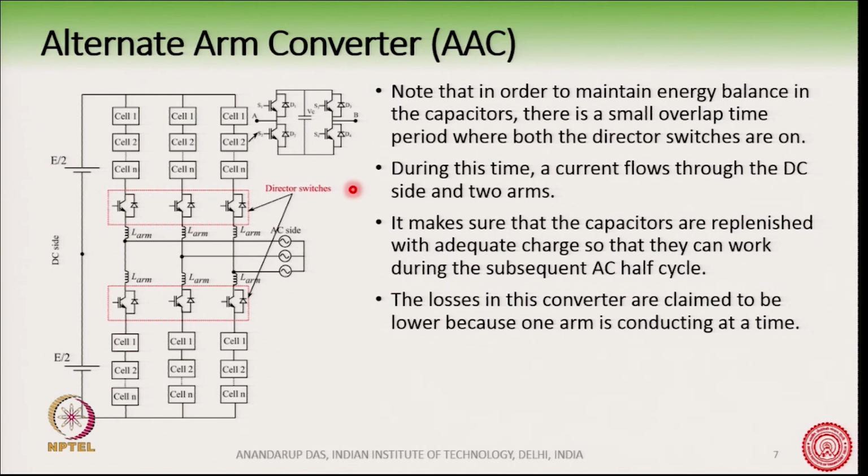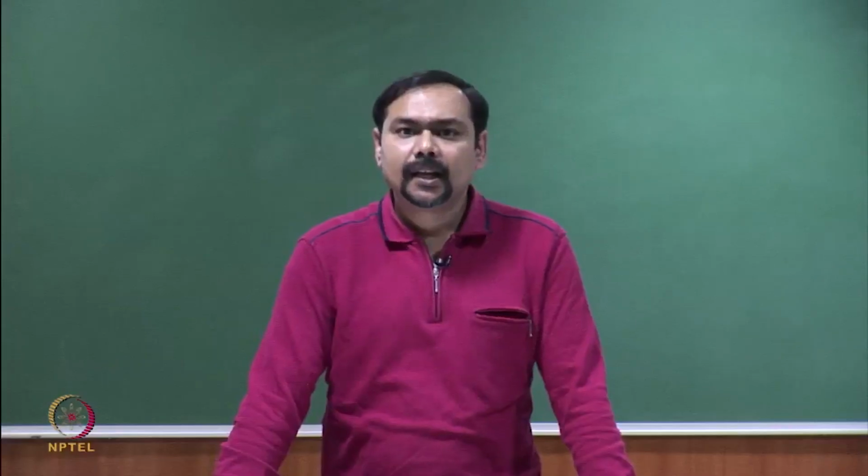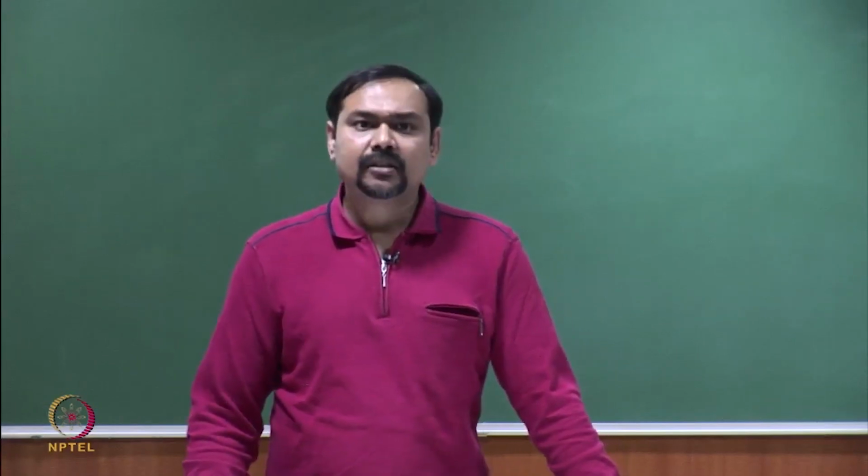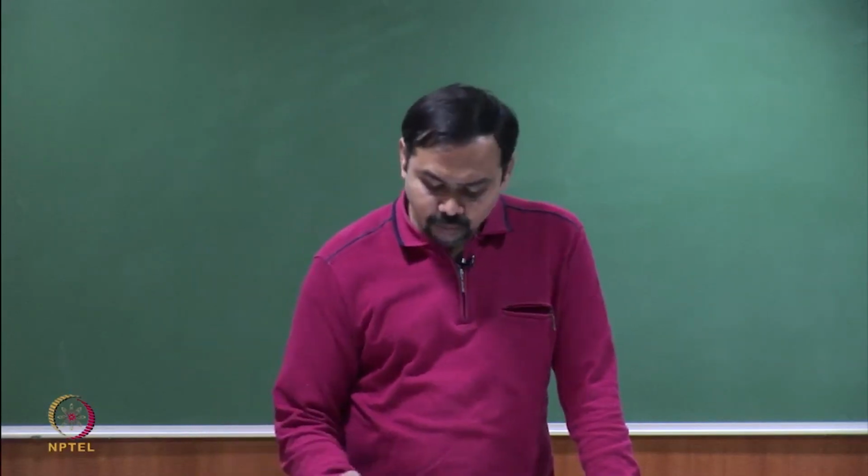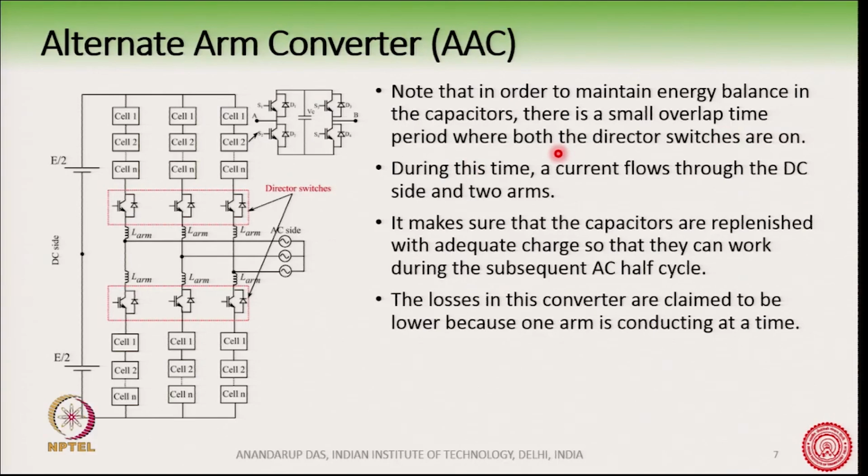Now, for this to happen, in the operation of the converter, there is a small overlap time period, and in this overlap time period both the director switches are turned on.